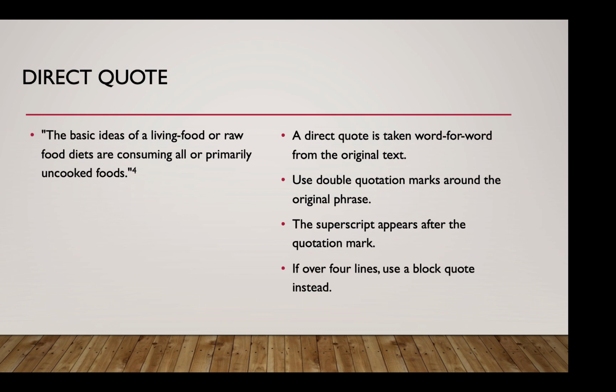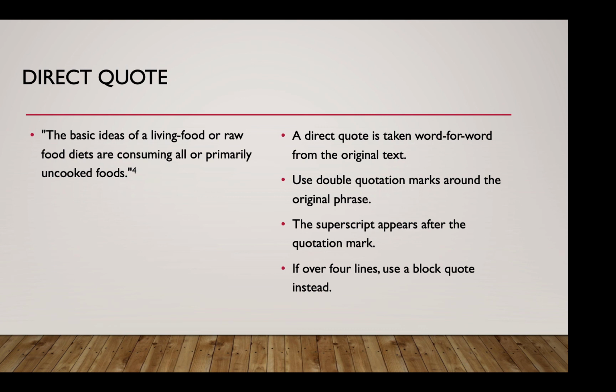So you'll use a direct quote. When you use a direct quote, you use double quotation marks around the original phrase. You then will use a superscript after the quotation mark, and you have to still reference it even though you have it quoted. If it is over 4 lines, you have to use what's called a block quote instead.